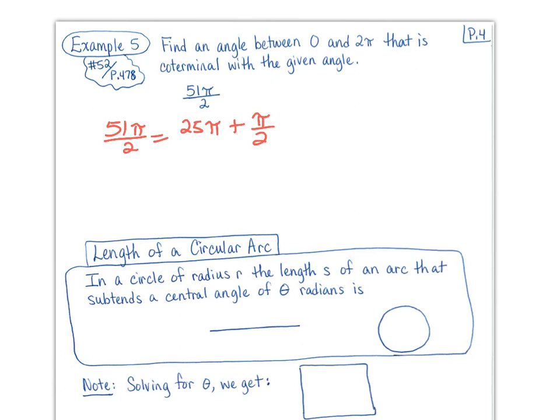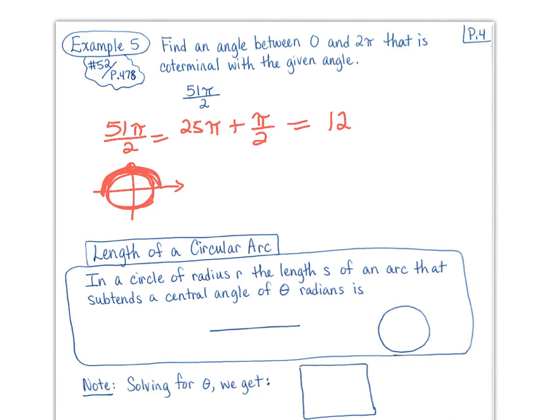Good. So say that one more time. You had 25 pi plus pi over 2. The 25 pi is 12 revolutions, so you're going around 12 times, plus half a revolution, plus another quarter revolution.